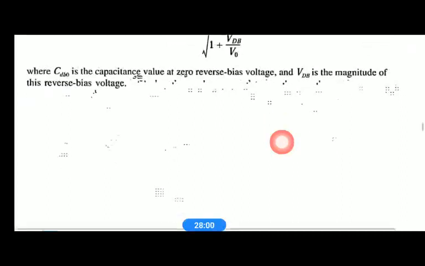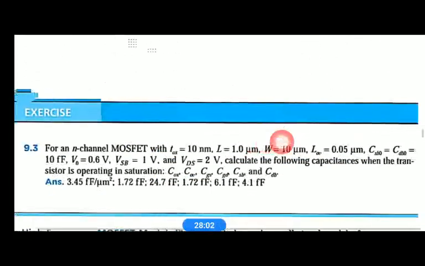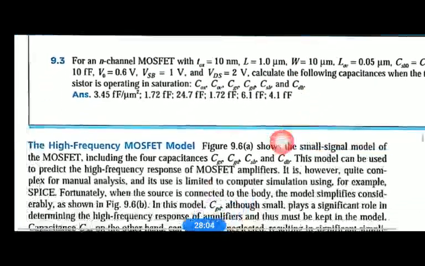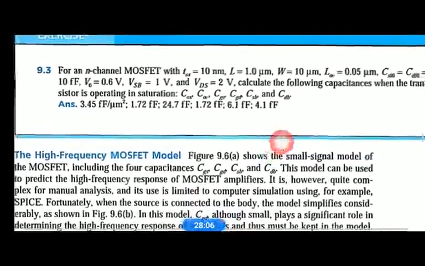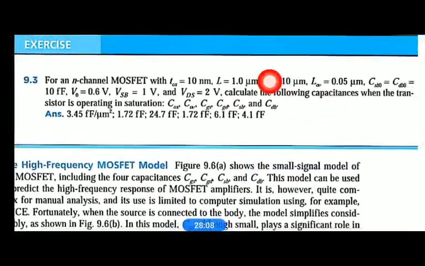In the next class we'll continue our session with the high frequency MOSFET model. Here there is a problem given. Based on the above formula, try to solve it. You need to find COX, COV, CGS, CGD, CSB and CDB, and COX is epsilon OX divided by TOX, which is the formula.